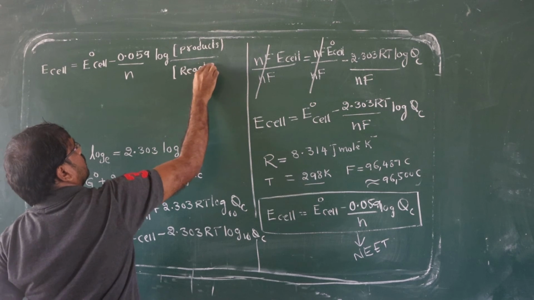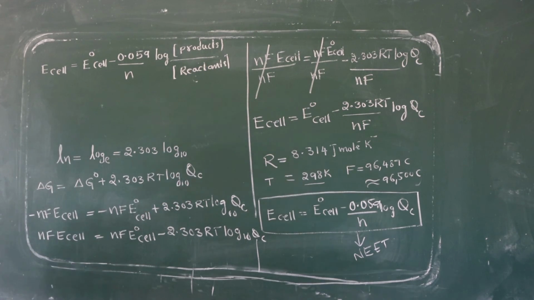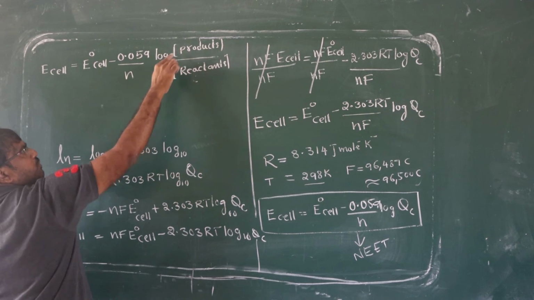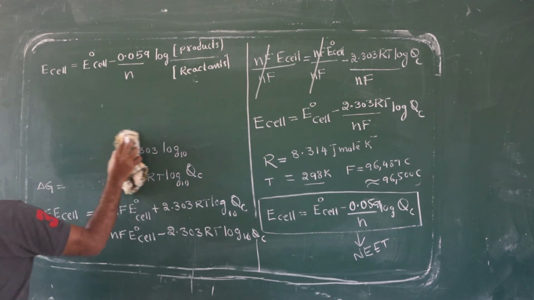We can write this because in place of Qc we can substitute concentration of products divided by concentration of reactants.